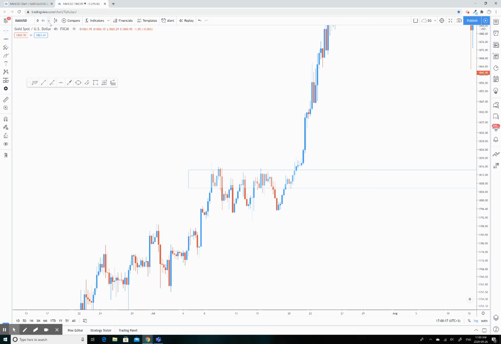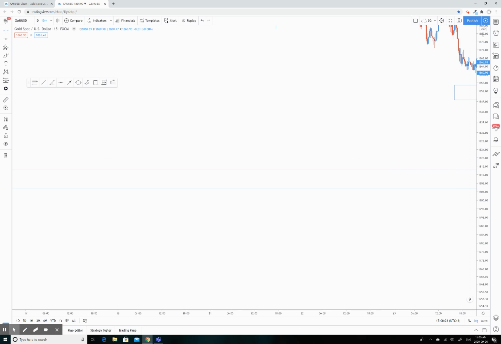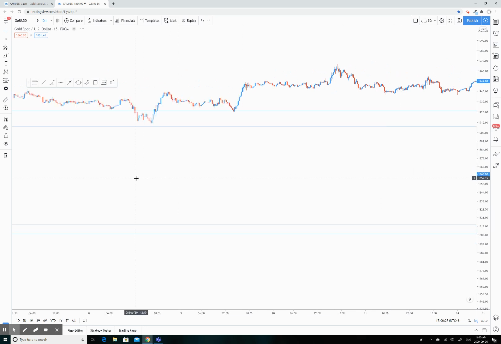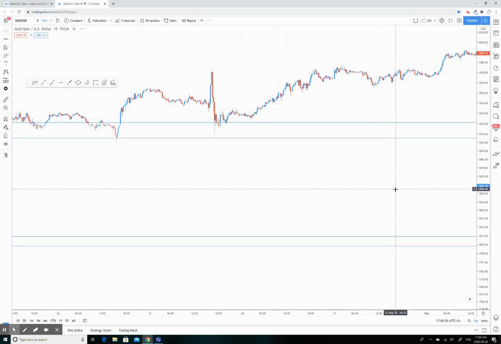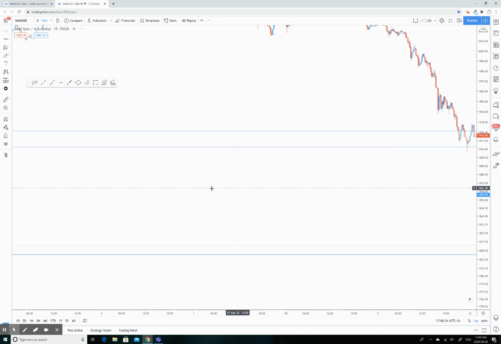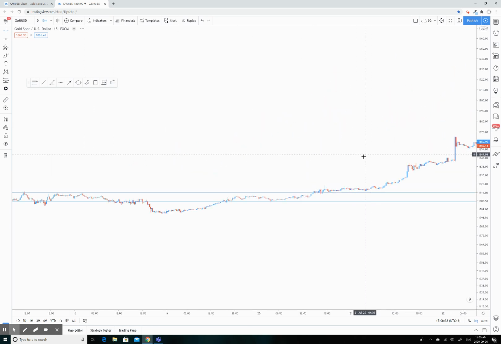But I am going to switch to the 15-minute time frame and try to, guys, if anyone knows, because I definitely don't know everything, if anyone knows how to go back to a point in time on the chart on TradingView, do they have that feature? Because I always have to just drag it all back. So if you know, let me know in the comments.